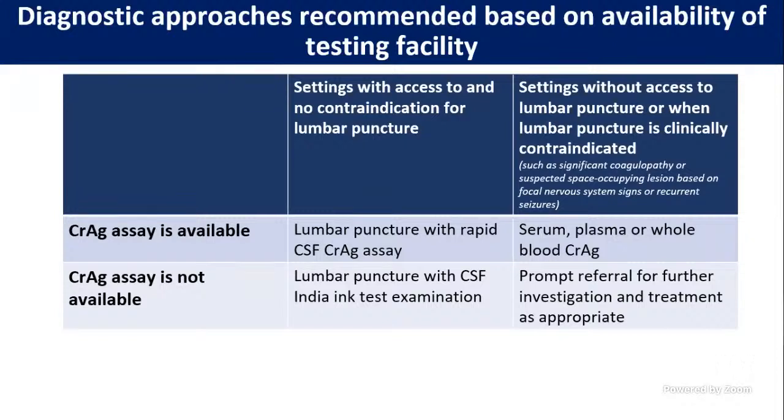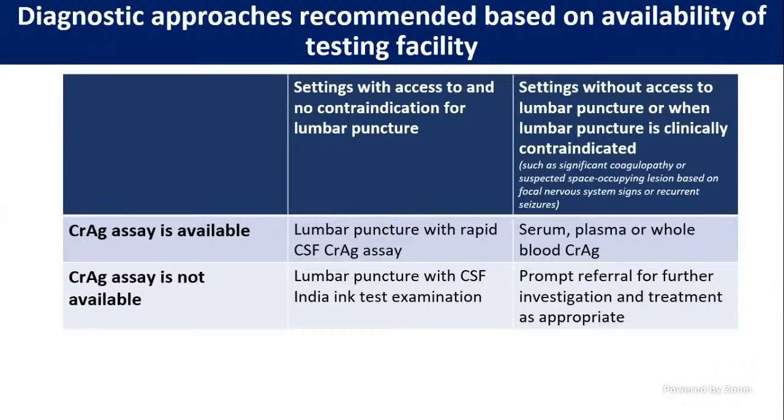Suppose you are in a place where you are not able to perform a lumbar puncture because it is clinically contraindicated, the patient may be having evidence of very severe raised ICT clinically, then you would not like to do the lumbar puncture. Then you can actually do a serum, plasma or whole blood CRAG, which is a surrogate marker of cryptococcal meningitis.